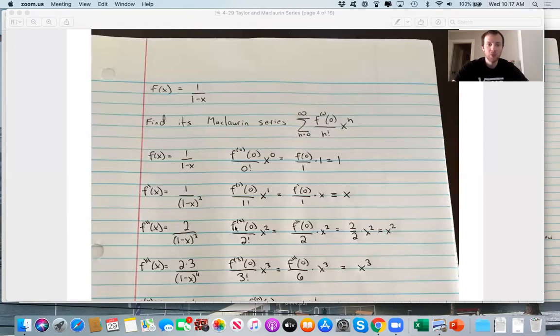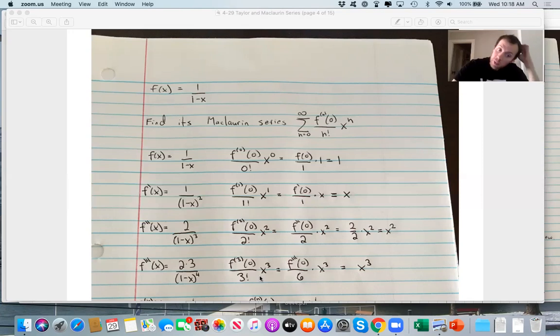For n equals 2, we have the second derivative at 0 divided by 2 factorial times x squared. 2 factorial is 2. Evaluating f double prime of 0, the bottom is 1, the top is 2, so we get 2 over 2 times x squared. The 2's cancel, we get x squared.